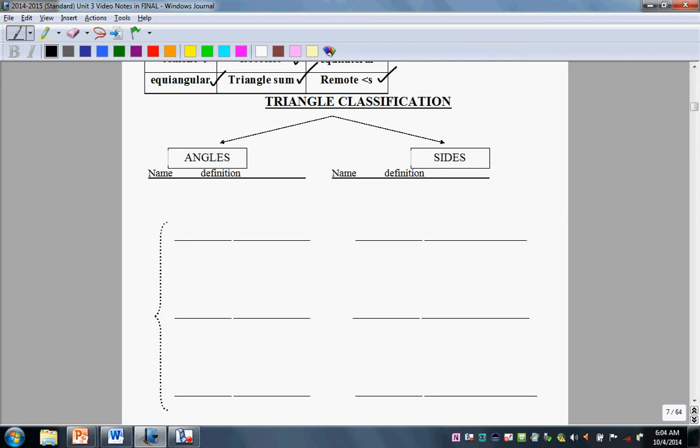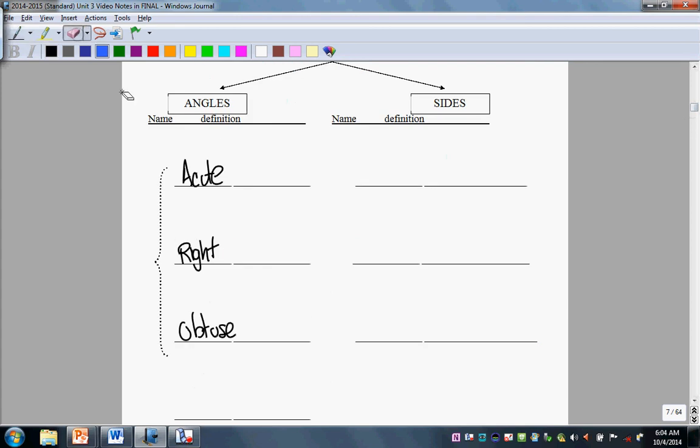Triangles can be classified by two things. They can be classified by their angles or by their sides. For angles, we have acute triangles, actually let's put them in this order.